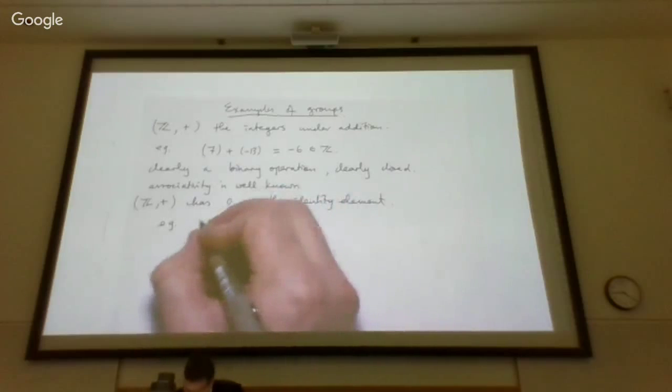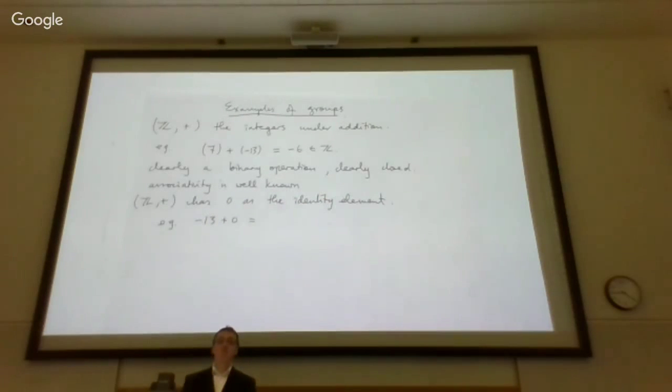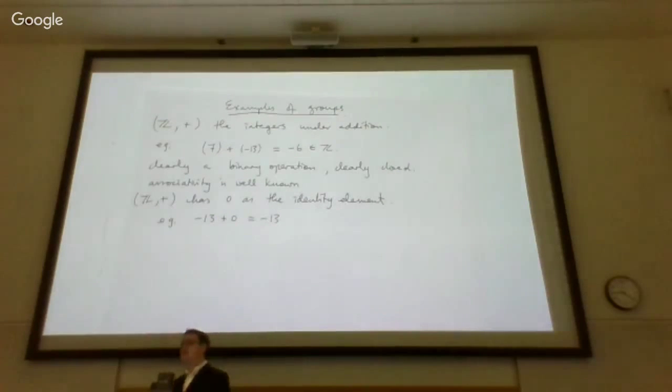E.g., stick with the minus 13. You add 0 to minus 13, what do you get? Minus 13. You always get the same unchanged value.